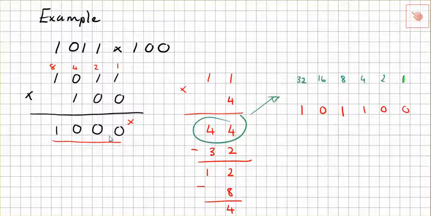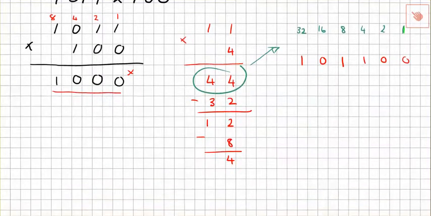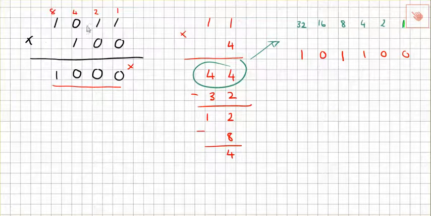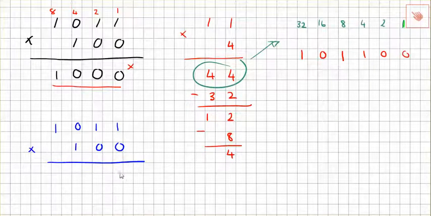Okay, so this answer was completely wrong then. So let's just rewrite, because obviously it might help us figure it out. So actually 1, 0, 1, 1 multiplied by 1, 0, 0 is not 1, 0, 0, but 1, 0, 1, 1, 0, 0.